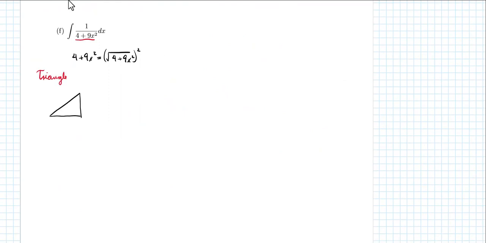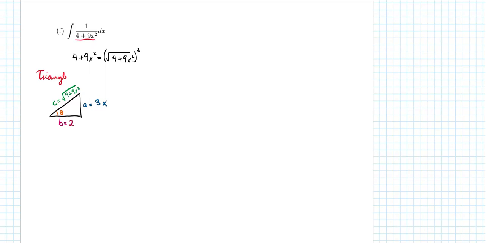Alright, so here is my triangle. Now let's go ahead and define the c, the a, and the b, as well as our angle theta here. For the c, we have the square root of 4 plus 9x squared. Now what about the a and the b? Well, I'm going to go ahead and define my a as 3x and my b as 2.